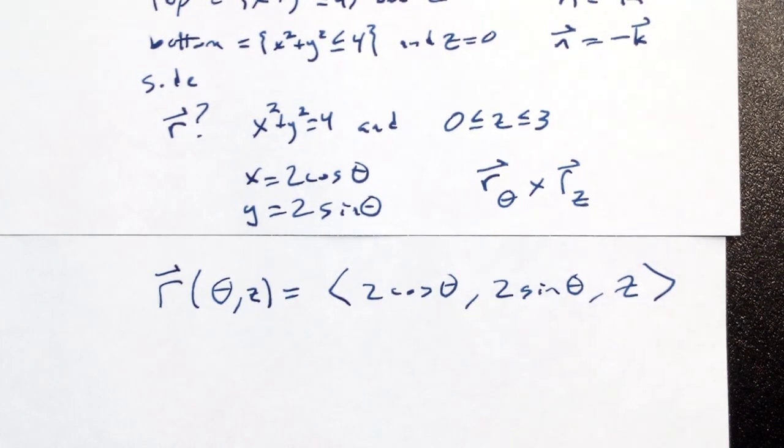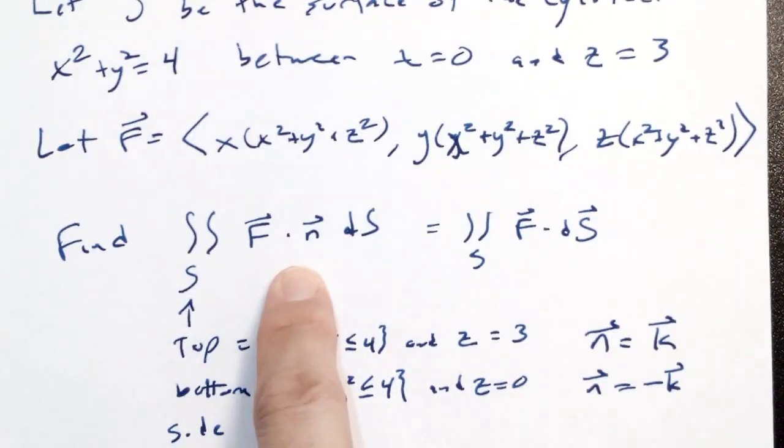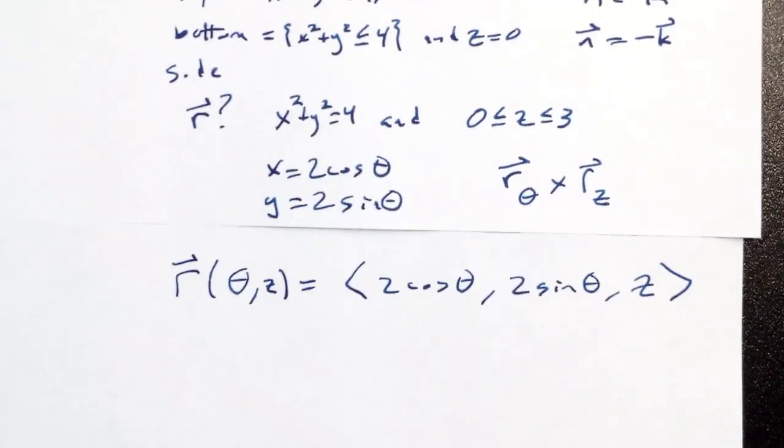But since I'm asked to find the flux, I can use the divergence theorem instead. I'm looking at a cylinder. It's a simple connected region with a bounded inside. I can do the divergence theorem.